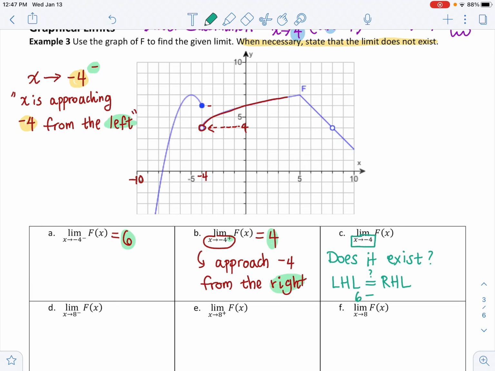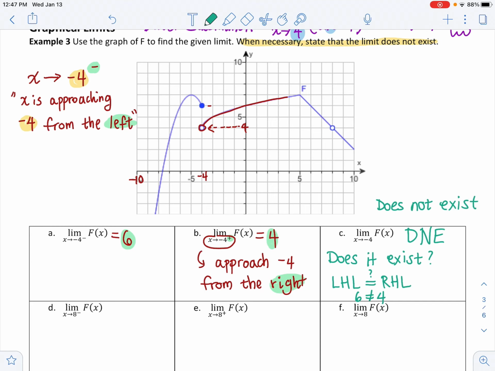Because 6 does not equal 4, we say this general limit does not exist. I'm just going to abbreviate it to DNE, but the limit does not exist.